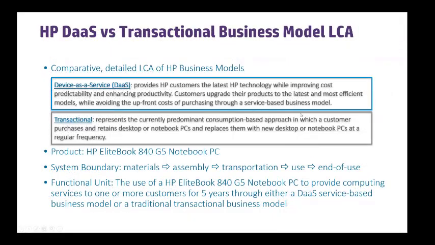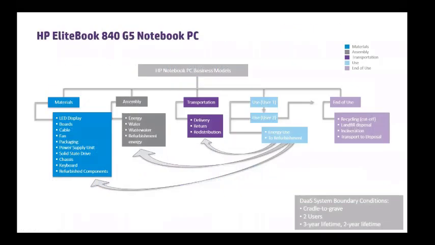I've already mentioned in general how it worked. What we said was, okay, let's assume we're going to set the functional unit to use of this PC for 5 years. So within that 5-year period, if the PC has a 3-year life, it's going to have to come back at some point. So here's how the modeling looked. It's the traditional: you make the PC, assemble it, get it to the customer, who uses it.